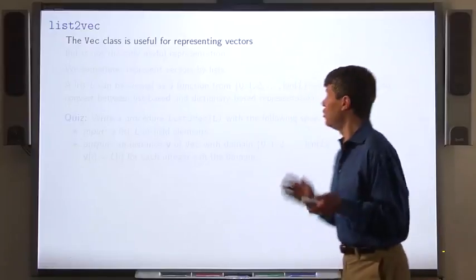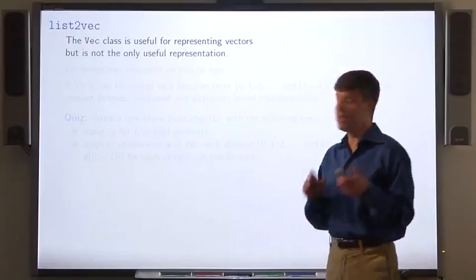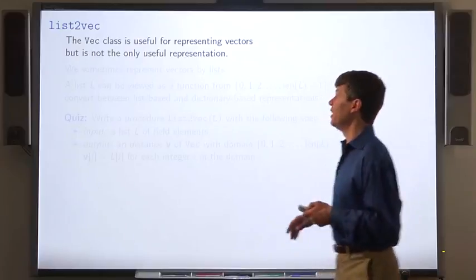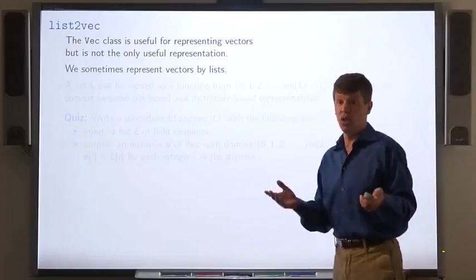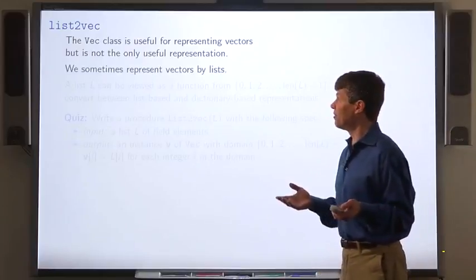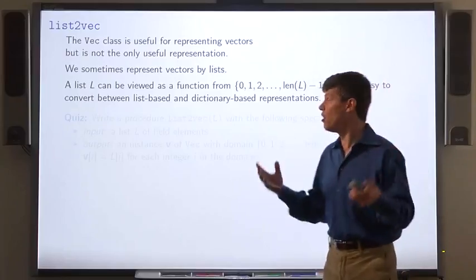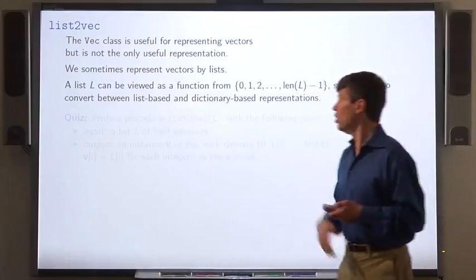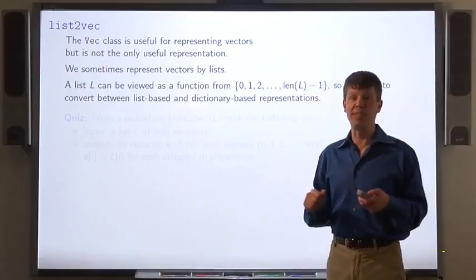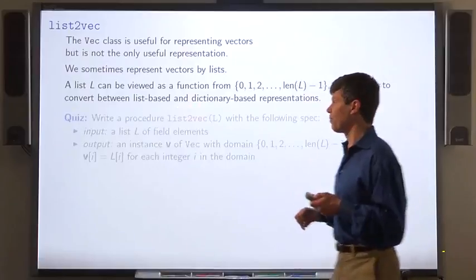The vec class is useful for representing vectors, but it's not the only useful representation. We'll sometimes represent vectors by lists. A list of length n can be viewed as a function from 0 to n minus 1. It's easy to convert from a list-based representation to a dictionary-based representation such as vec.